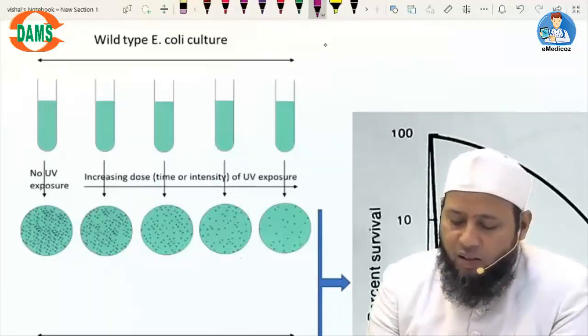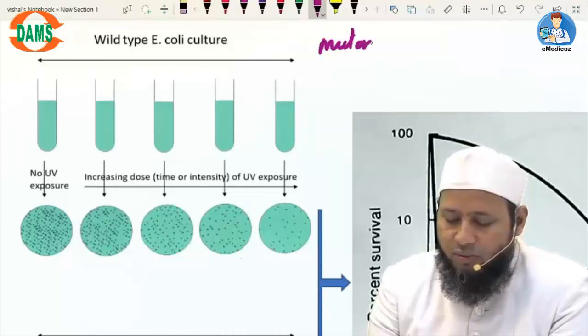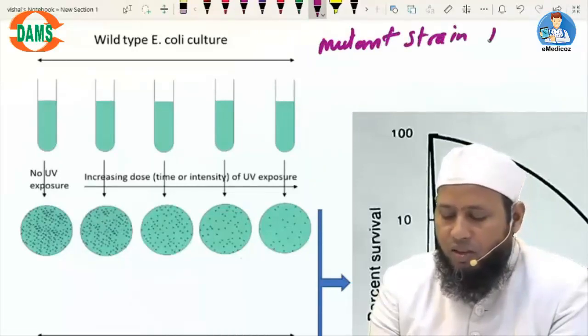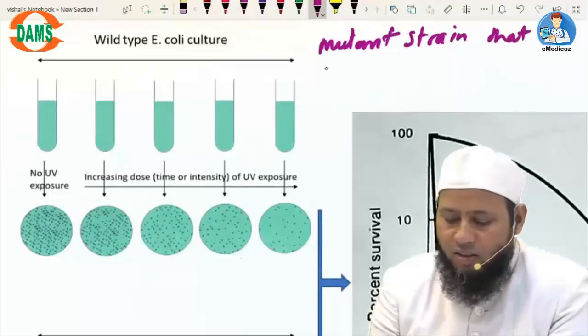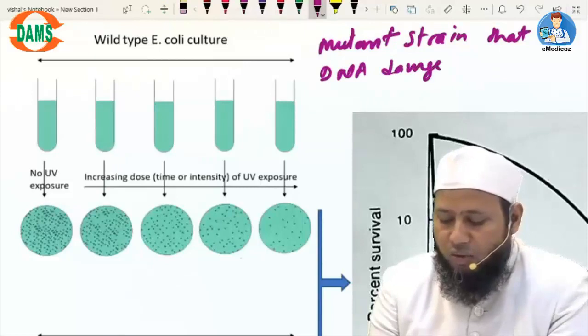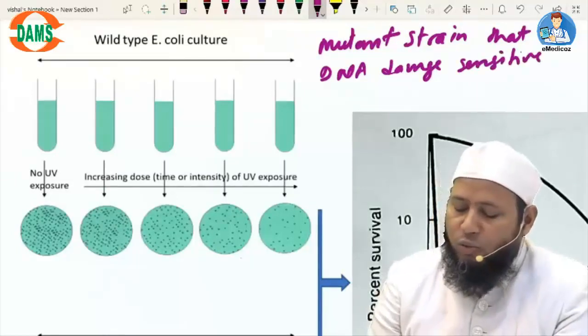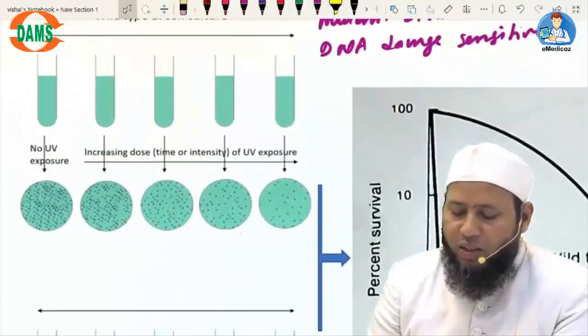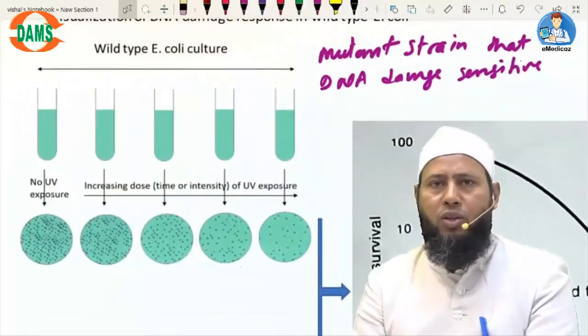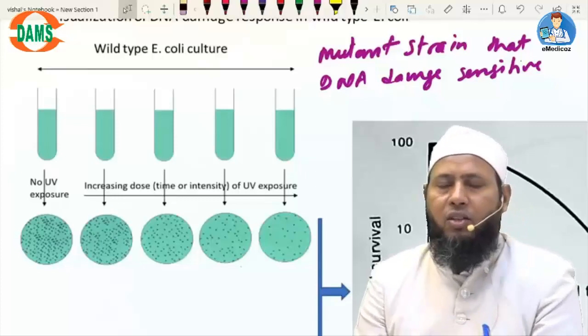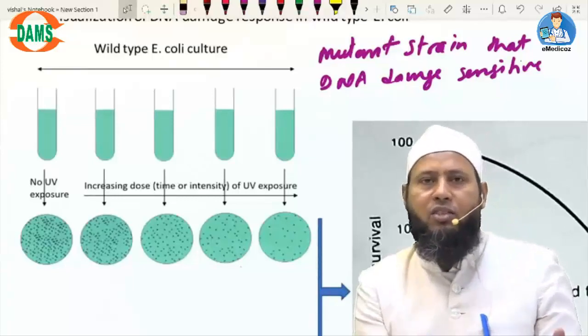So it is like a mutant strain that is DNA damage sensitive. How do we know that it is DNA damage sensitive? We may have a mutant strain, we don't know exactly, but it has some mutant phenotype, so it is different from the wild type.